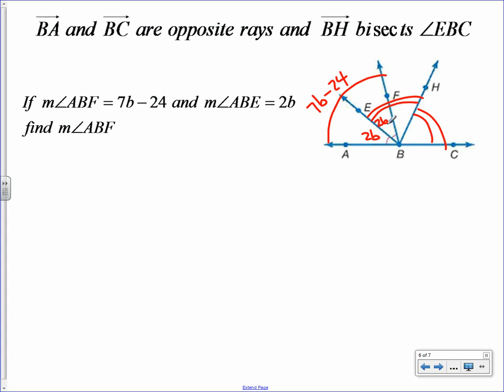These two angles make the big angle. How do I say that in math? These two combine to make this one. This piece plus this piece makes this piece, right?